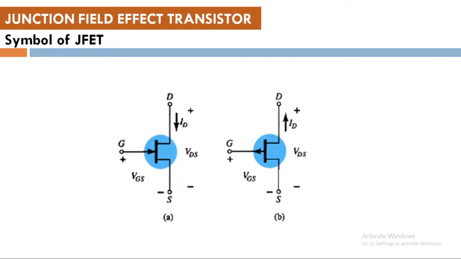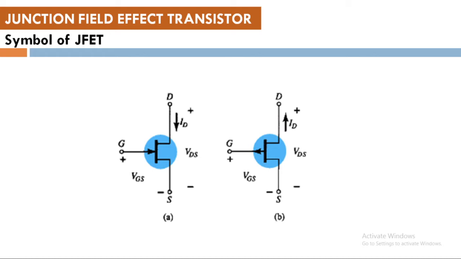Now, what is the symbolic representation of a junction field effect transistor? If we look into the symbolic representation, this is how it will look. If the arrow is pointing into it, we usually call it N channel. If the arrow is pointing out of it, we usually call it P channel.